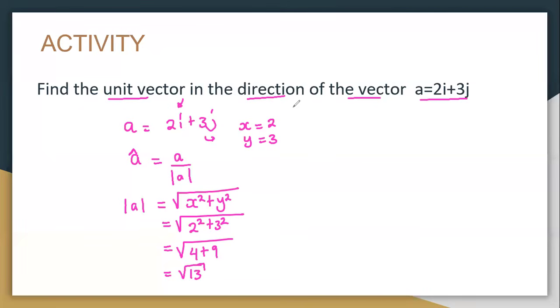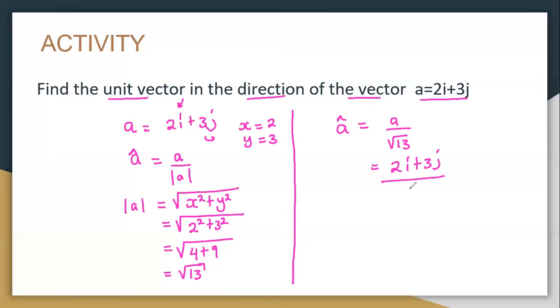Now, for such a case, since we want to get our magnitude as 1, if you get a square root that you cannot reduce, please carry it on. Carry it on. So that means we shall say A hat is equal to our A divided by our magnitude, which is root of 13. But what is our A? Our A is 2i plus 3j, everything divided by root of 13.